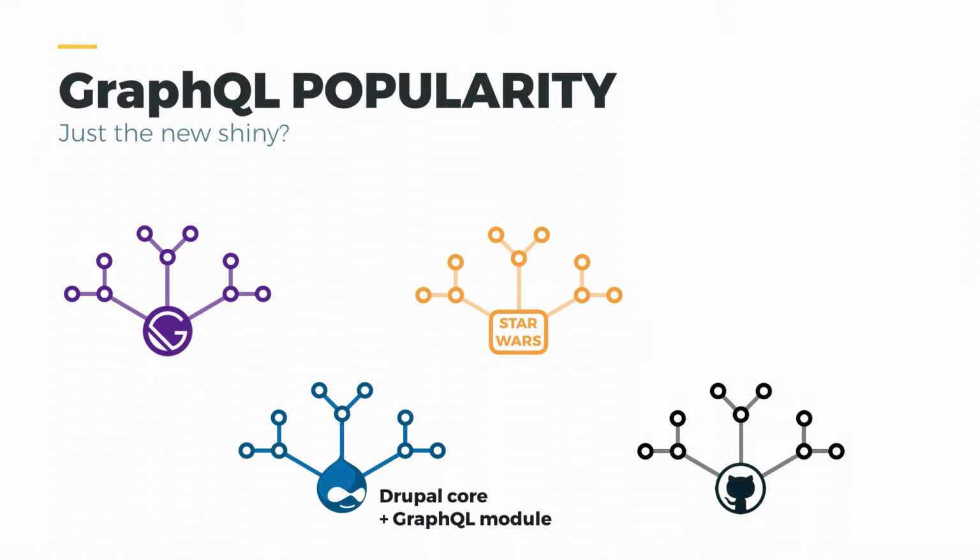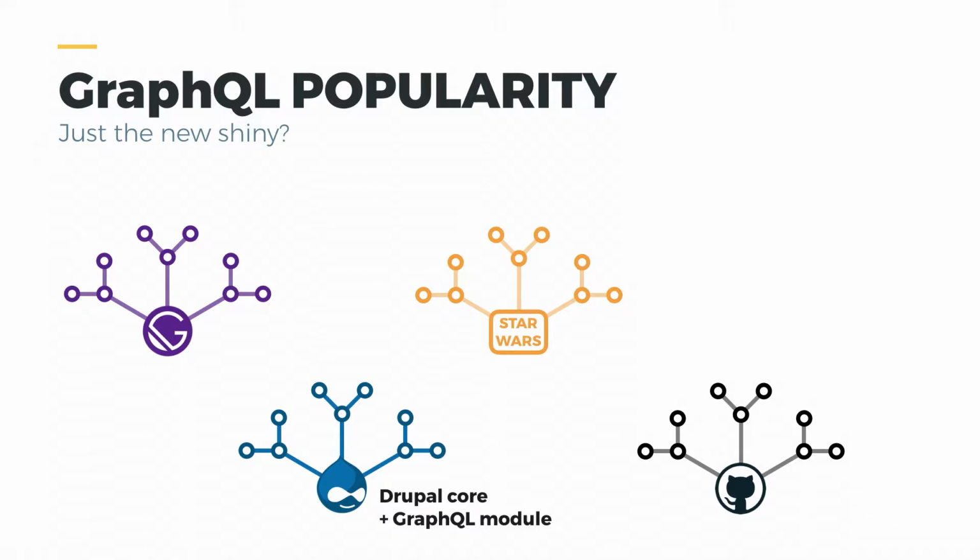GitHub has a new service where instead of using their old REST API, you actually use GraphQL and get information about all the repositories and the users. Gatsby, of course, has GraphQL built into it, so you can query everything about your Gatsby build using GraphQL. And now Drupal core plus the GraphQL contrib module gives you a GraphQL service as well.